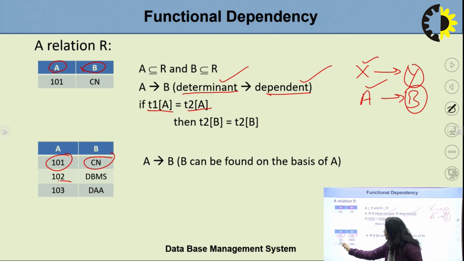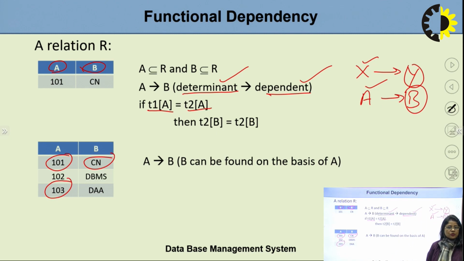If we find the value 103 as a subject code, it will determine DA is the subject name. So, if T1 on A is equal to T2 on A, then it must be that T1 on B is equal to T2 on B. So, if we know this A, we can determine B on the basis of A.